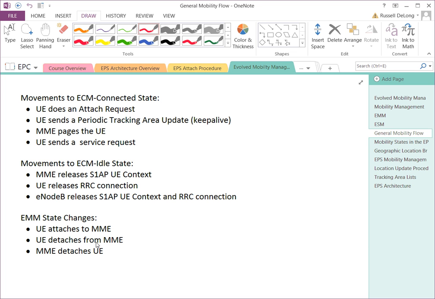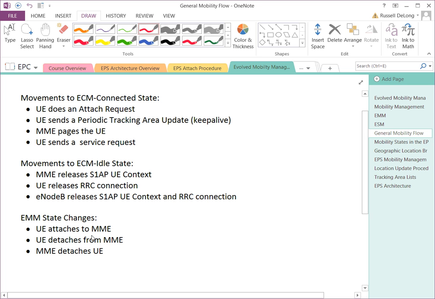Let's say you were roaming and registering on another operator's MME, and you find a network that you prefer to register with. UE may deregister from one in order to register to another. UE may also deregister if you disable data in the device. Let's say you transition to airplane mode on a device.